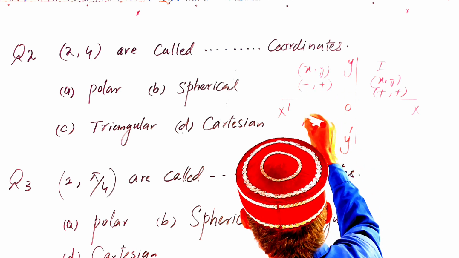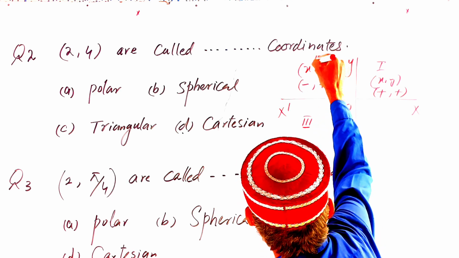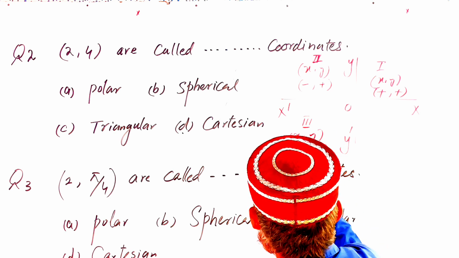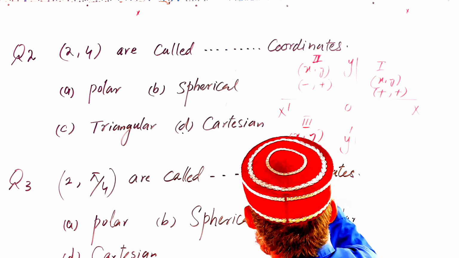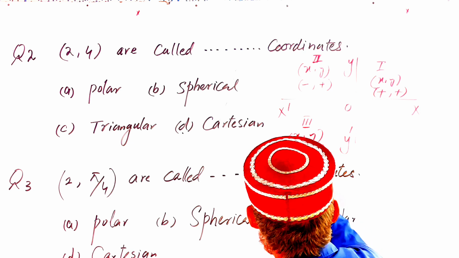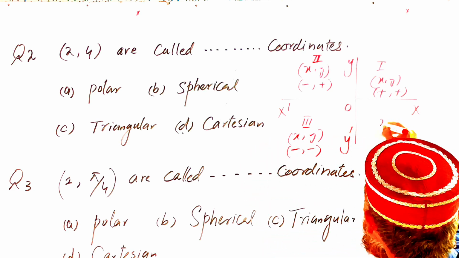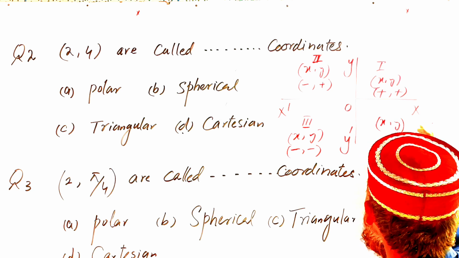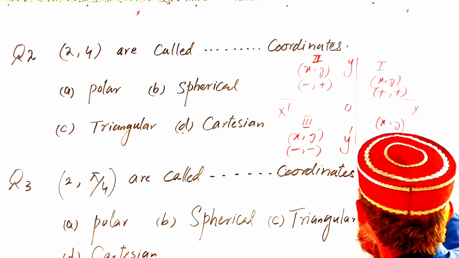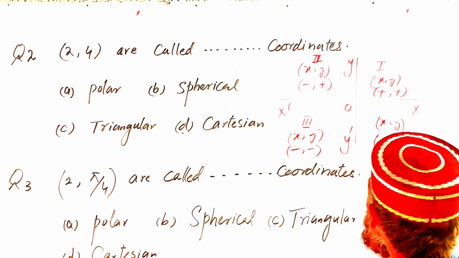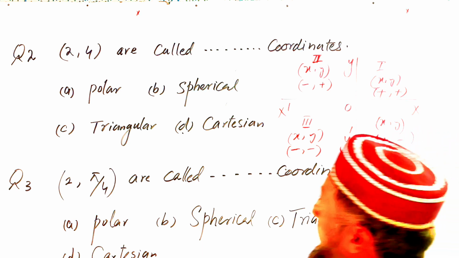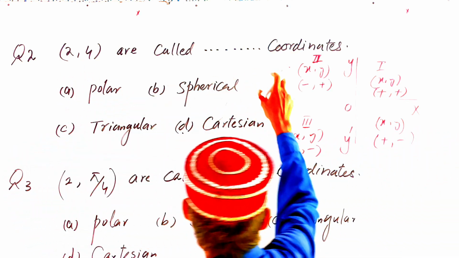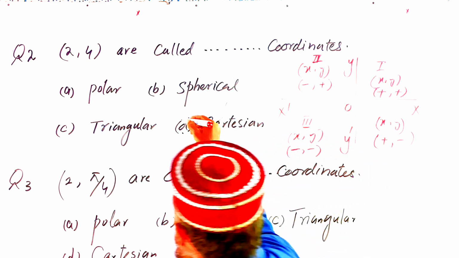In the third quadrant x and y are both negative, and in the fourth quadrant x is positive and y is negative. So look here, the form of real numbers is given.